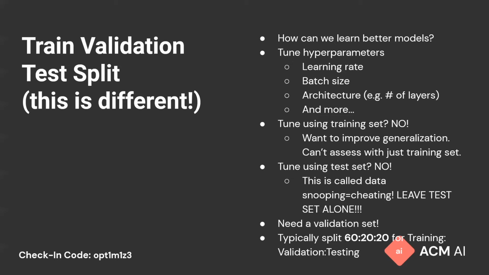The split can vary, but an example split is 60-20-20: 60% for training, 20% for validation, and 20% for testing. I've also seen 80-10-10. But you can play around with the splits, and you might get some variation in your performance there.